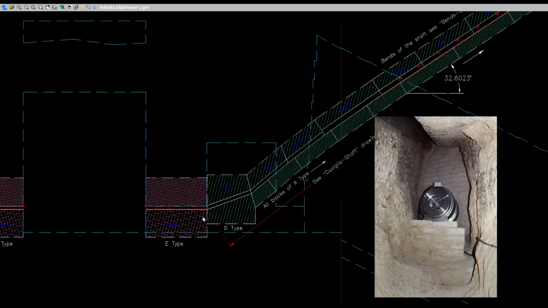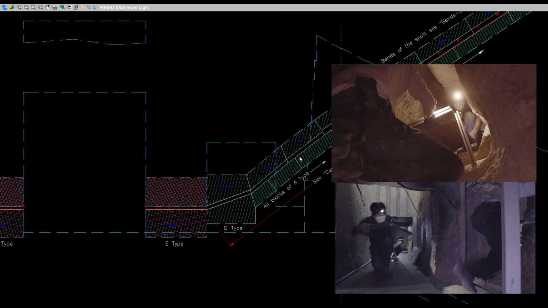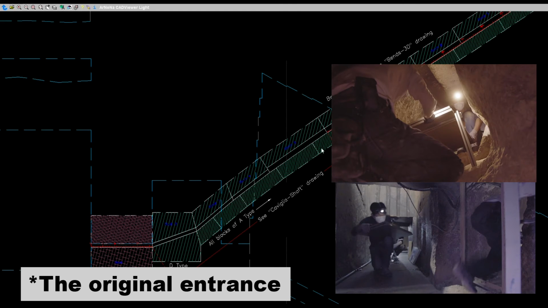There was too much humidity in it, and it was also used for the ScanPyramids. There were some instruments put here to determine where this big void, which I'm sure you've heard about, is located. There were some put in the Queen's Chamber, some were put in this Caviglia shaft, and I believe one more place, I'm not sure where.